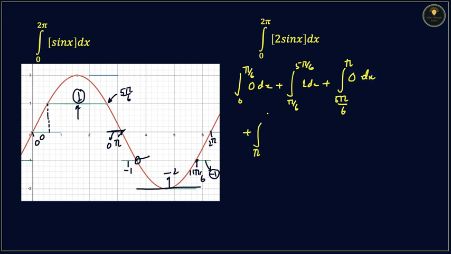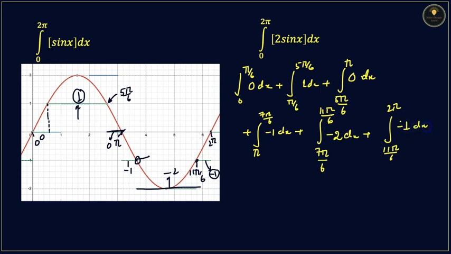From pi till 7 pi by 6, you will get the answer equal to minus 1 dx. From 7 pi by 6 till 11 pi by 6, you will get this value equal to minus 2 dx. And at last, from 11 pi by 6 till 2 pi, that is equal to minus 1 dx.